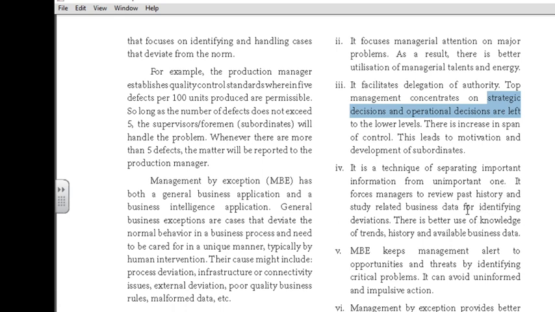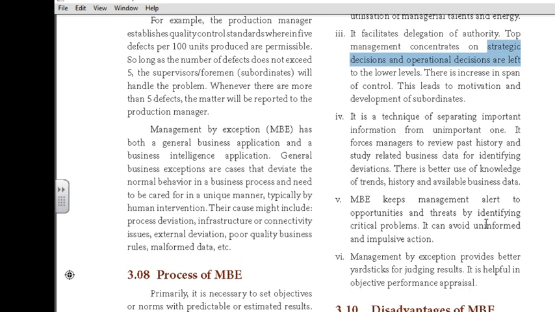So it is for the managers to review past history and study related business data for identifying the deviations. Next comes, management is alerted to opportunities and threats by identifying the critical problems. ஒரு பிஸ்னஸ்ல வந்து நம்ம ப்ளஸ்ஸையே பார்த்துட்டு இருக்கக்கூடாது, நெகட்டிவ் திங்ஸும் சேர்த்து பார்க்கணும். அப்போ தான் வந்து they can move the business to a large extent.